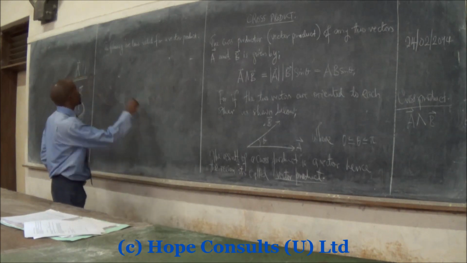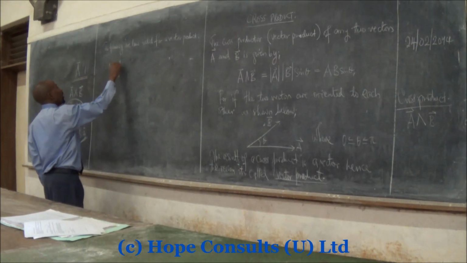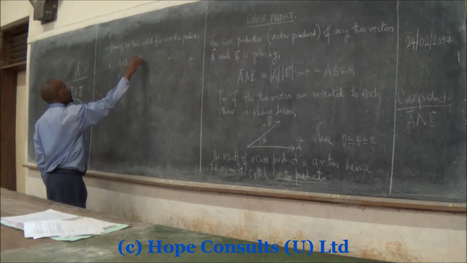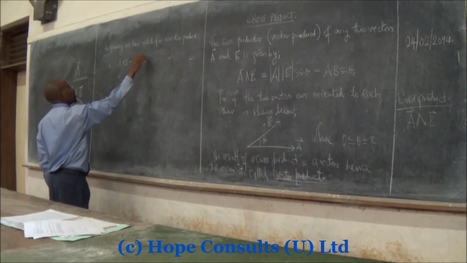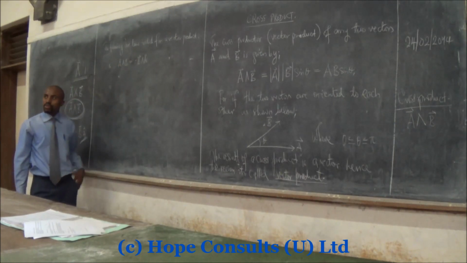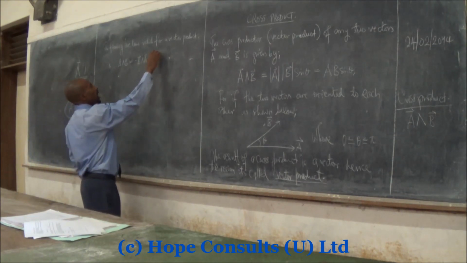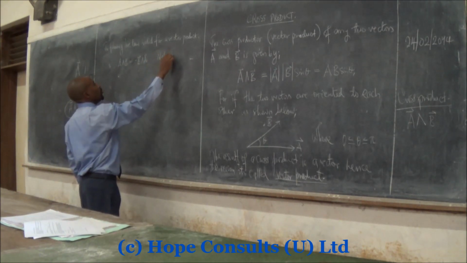So we shall have that A cross B is equal to minus B cross A. Once you know the laws, life becomes very easy. So not commutative.